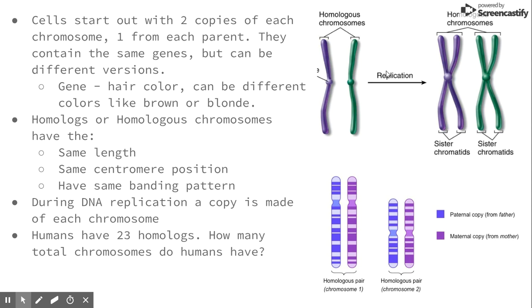When we go through DNA replication, we make a copy of every single version of every single chromosome. So I have both copies of my chromosomes from mom, both copies of my chromosome from dad.